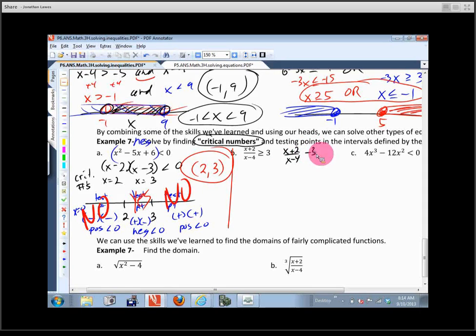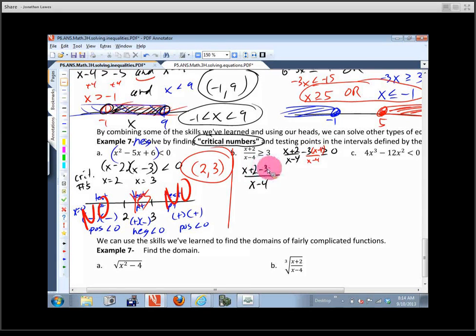So we're going to subtract 3, and that's greater than or equal to 0. Then I need to make one single expression here. So I need to get a common denominator. So in order to get a common denominator, I'm going to write an x minus 4 here and an x minus 4 here. So I'm going to multiply the top and bottom by x minus 4. So here's what I've got. X minus 4 in the denominator, x plus 2, and then careful here, it's subtraction.